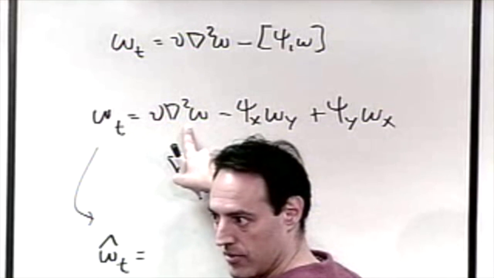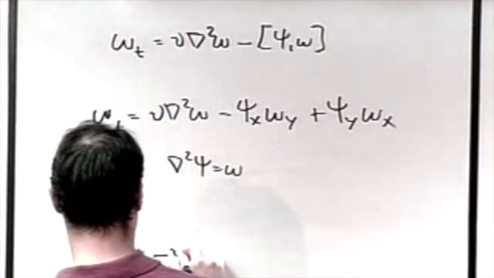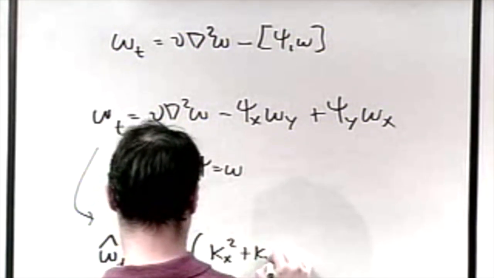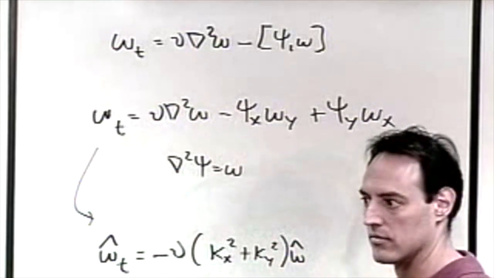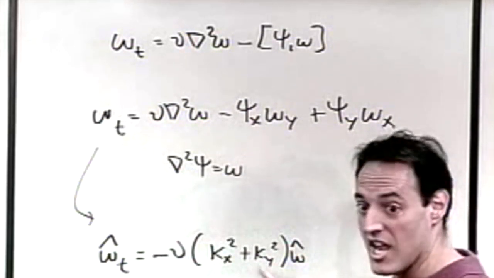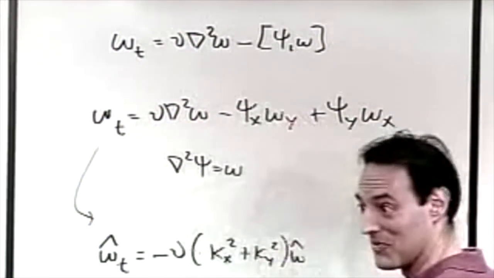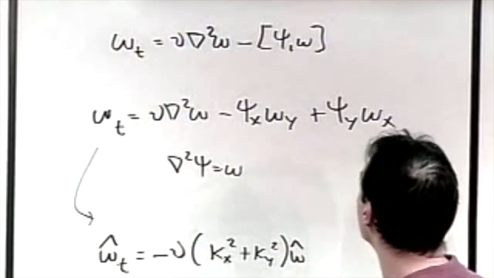This is two derivatives in x, two derivatives in y, so that's going to pop out something like a minus kx squared, ky squared. Now remember, kx squared goes in this direction, ky squared goes in that direction. We have to keep that in mind when we actually solve the problem.